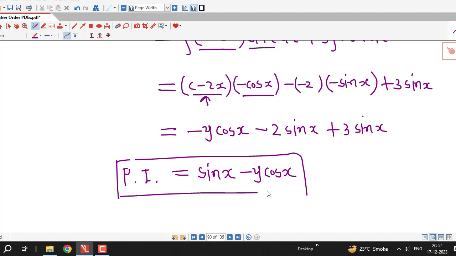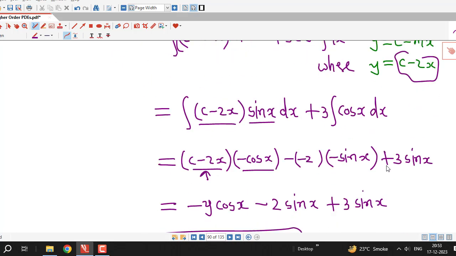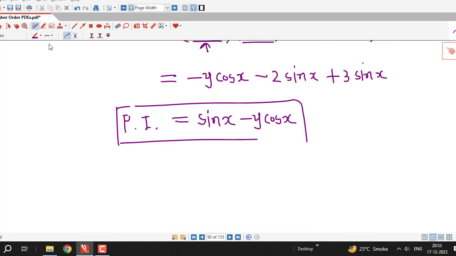So this is very easy. We have to just replace this y by c minus mx in f(x,y), then we integrate with respect to x, and after integration we put c minus mx equal to y or c equal to y plus mx, and finally we write down the general solution.